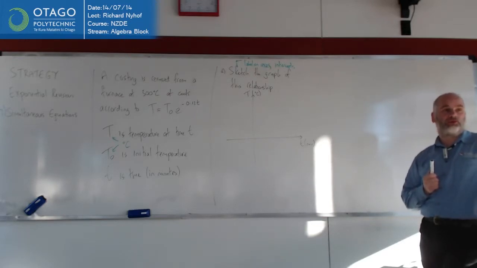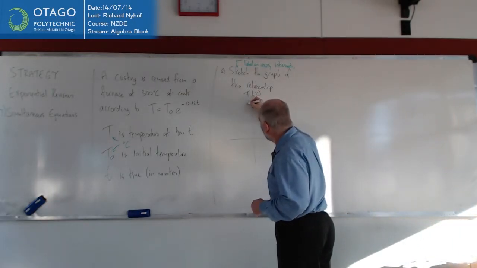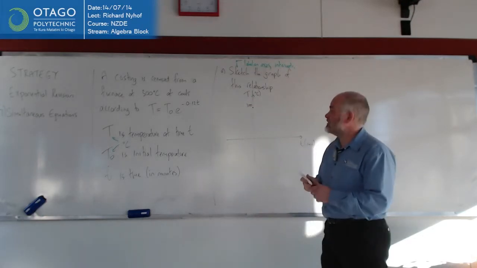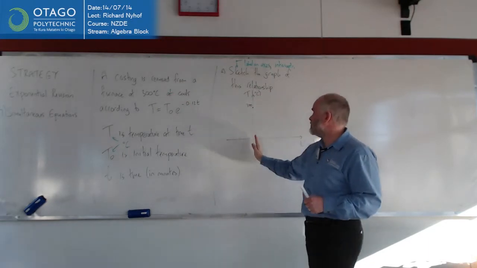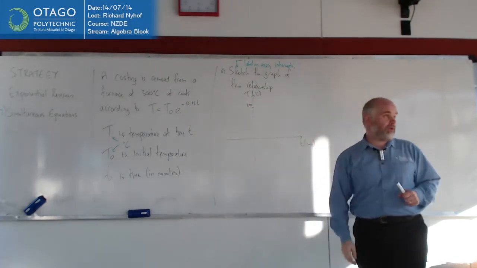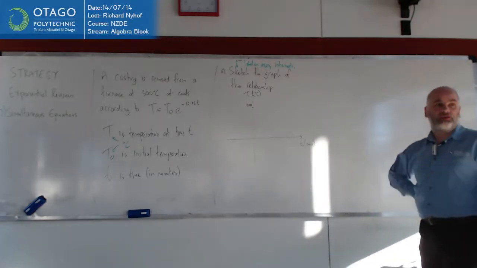Where does the 300 go? On the y-axis. So if I'm up here somewhere at 300, we know it's there because it says it's at the start. It's where it starts to cool, so t equals 0, y equals 300. So we've got that point.